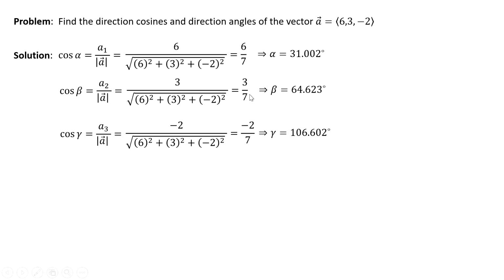Ooh, negative 2 over 7. You need to be careful. We get 106.602 degrees. Don't use 360 minus this value, which is 253.4 or something like that. You need to use the value between 0 and 180, 0 and pi.